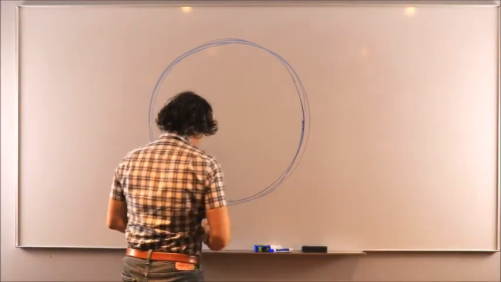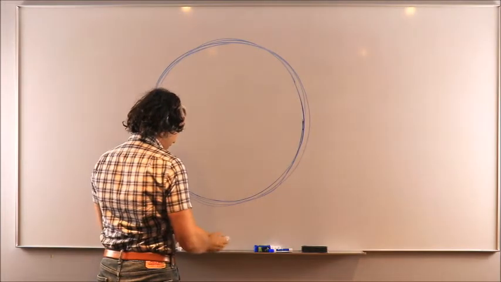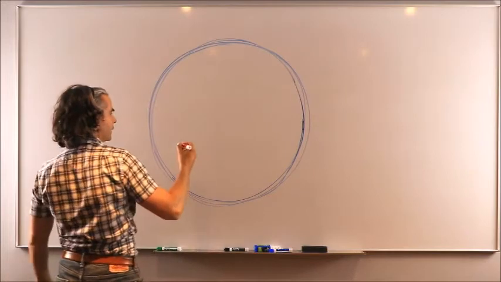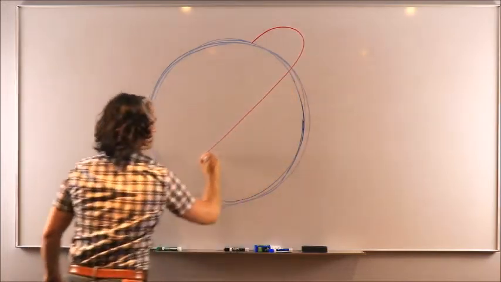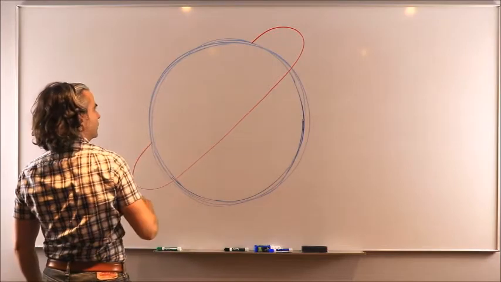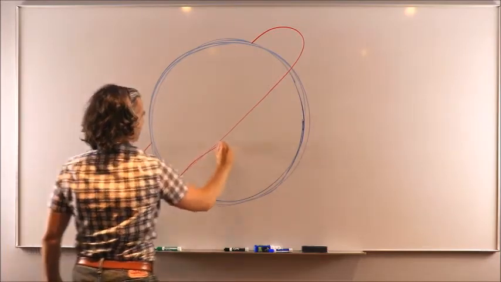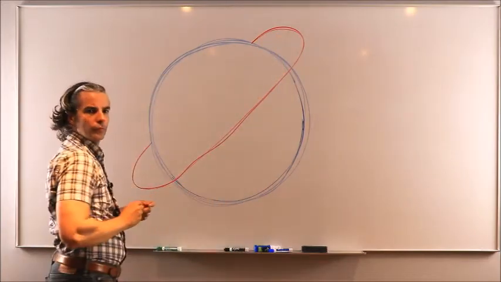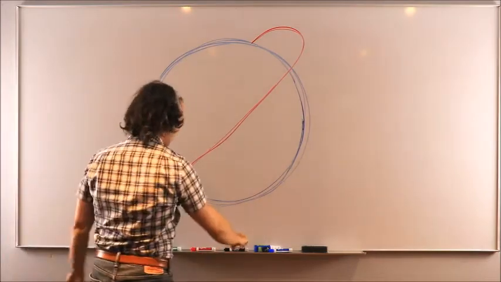Let's also draw our orbit in, let's say, red. An arbitrary orbit around the Earth, like that. Not too bad. Not too bad.